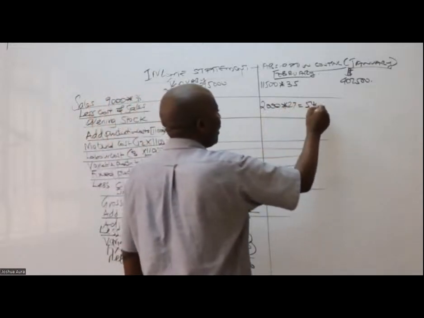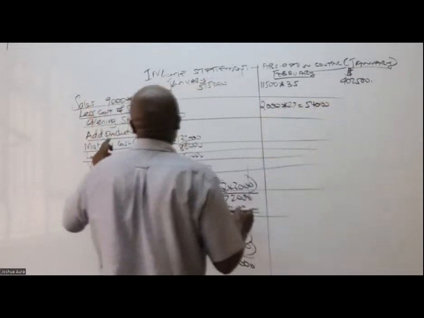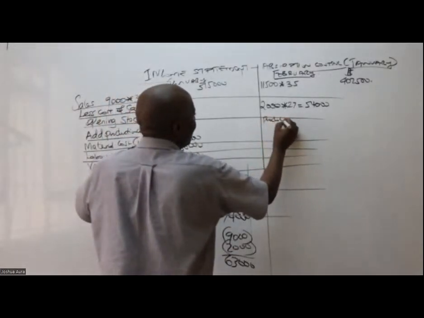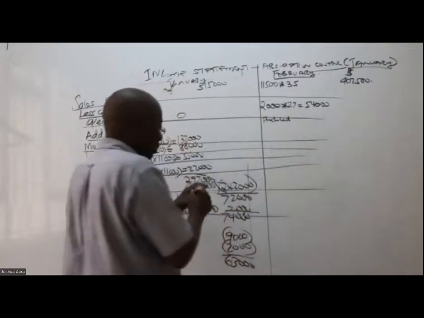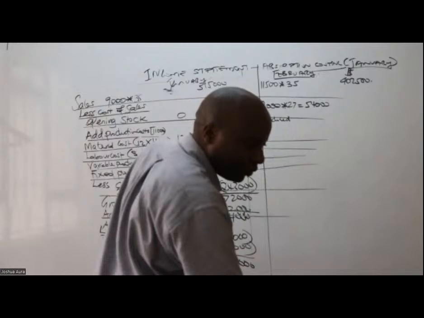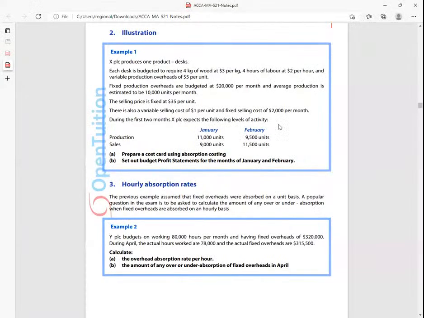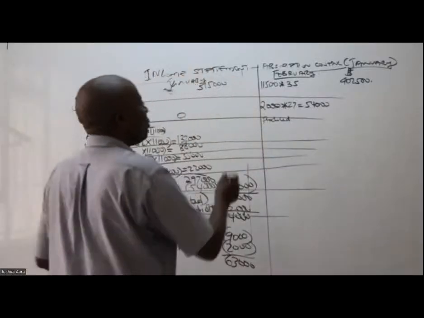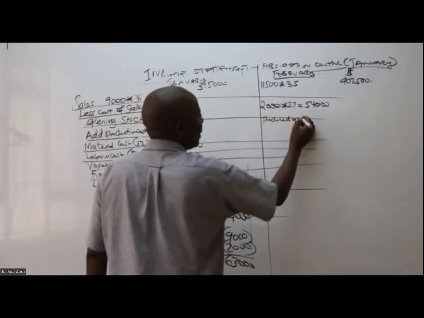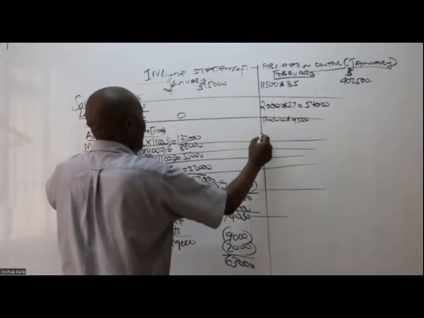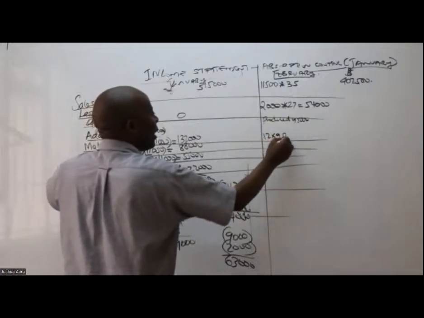Thank you very much. Now from there, we come under account for production cost. How many units do we produce in the month of February? If you look at this book very well, the production was 9,500. So for material cost, the 12 still stands, so I'll talk of 12 times 9,500.